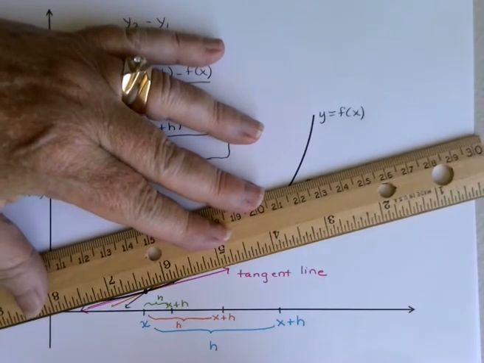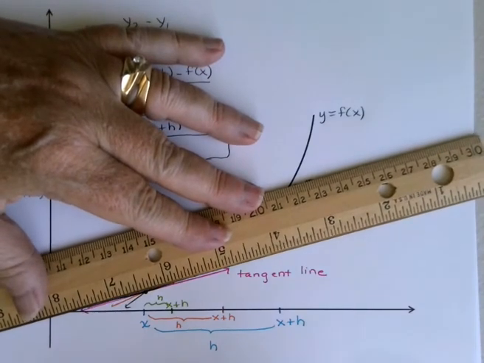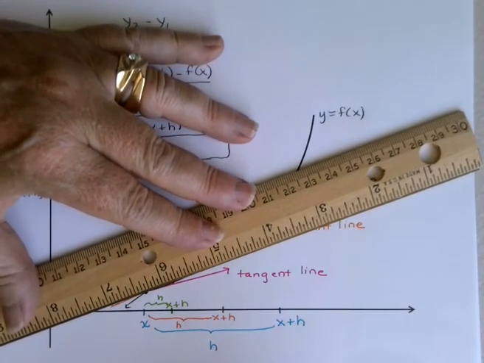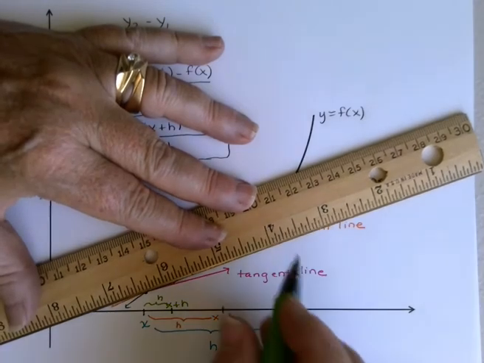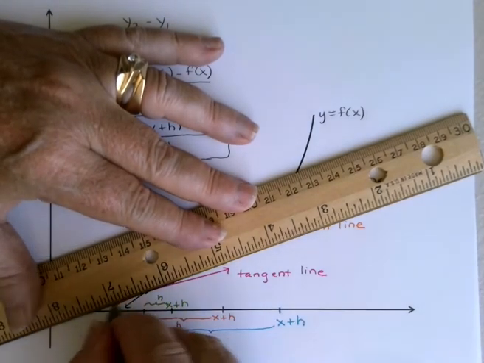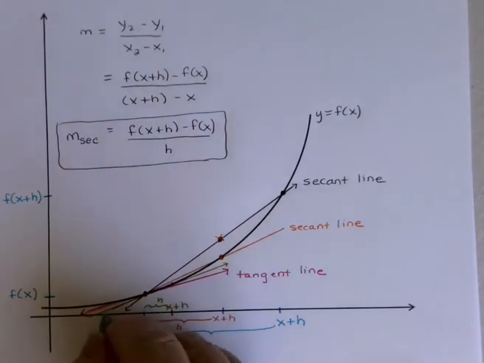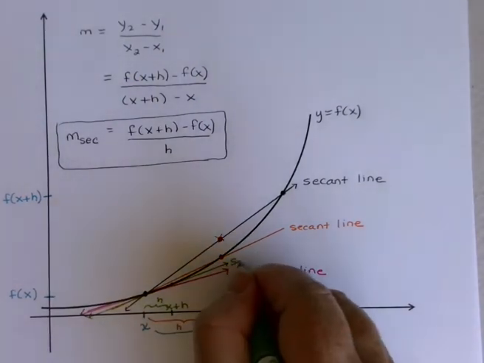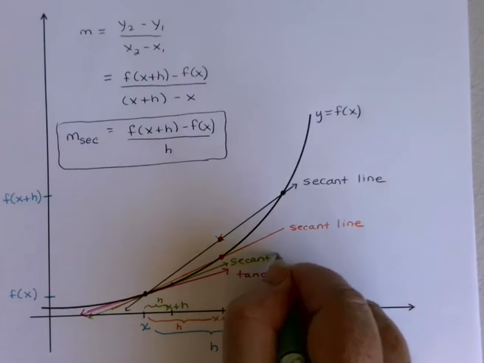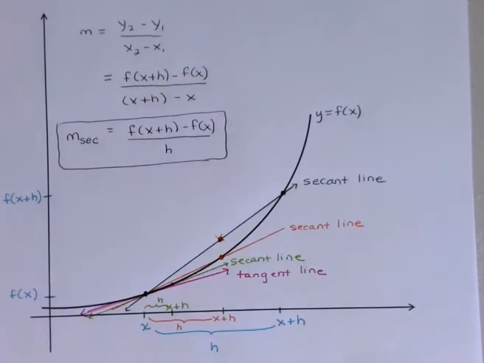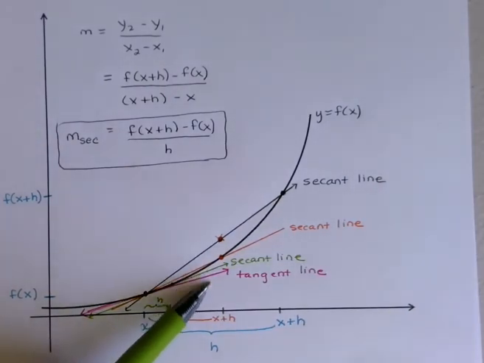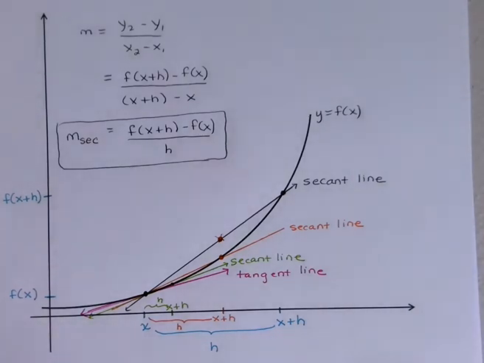And now when I draw my secant line, I can see that we're even closer yet to the actual slope of the tangent line. It's going to be hard for me to draw them much closer together. You won't be able to see anymore.